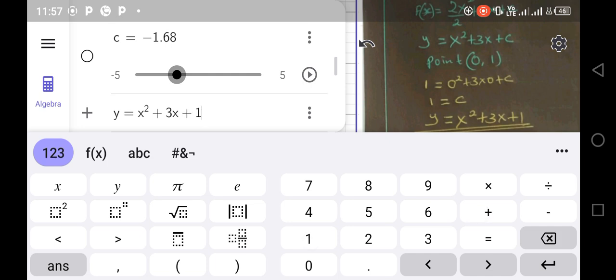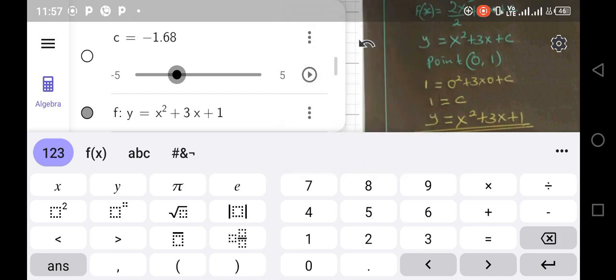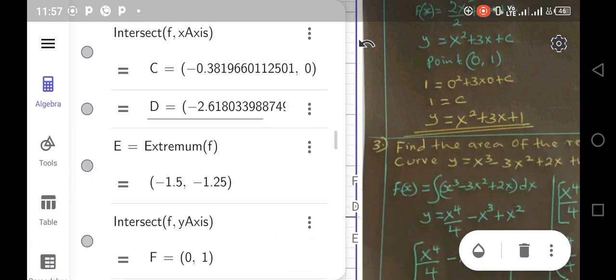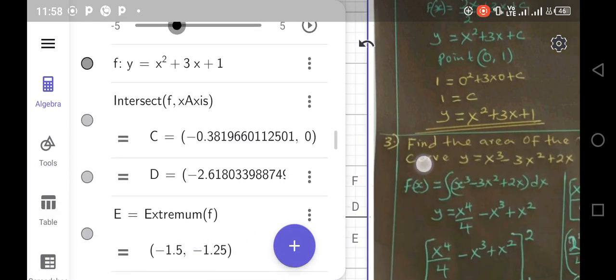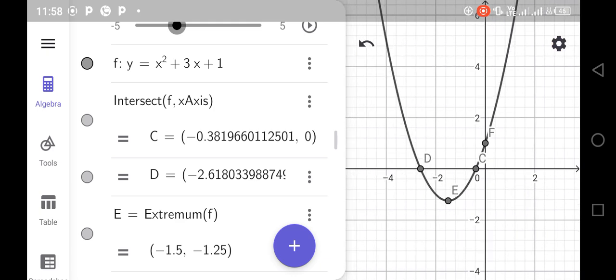So when we're going to plot that, we can also come with special points on our graph. These are the points we're going to use for plotting that graph. Let's go and plot our graph. So that's our graph that we have plotted.